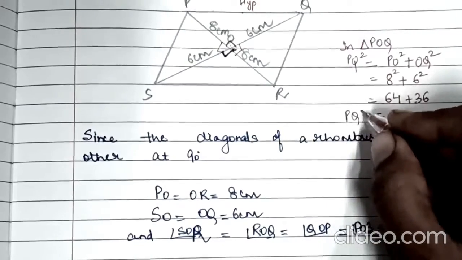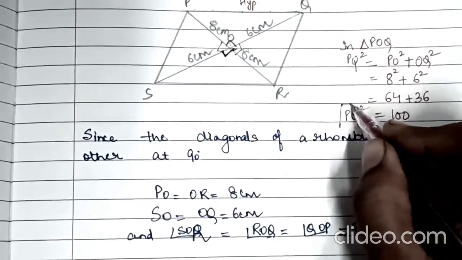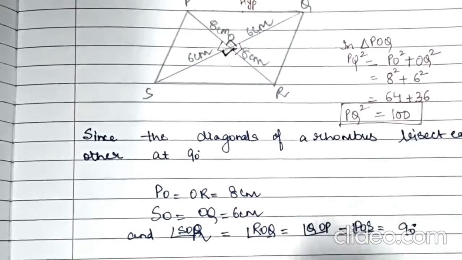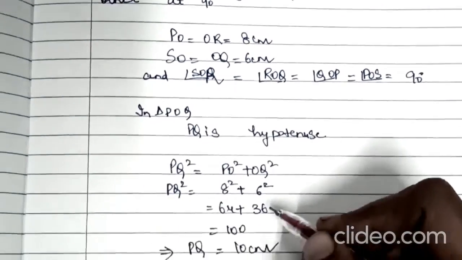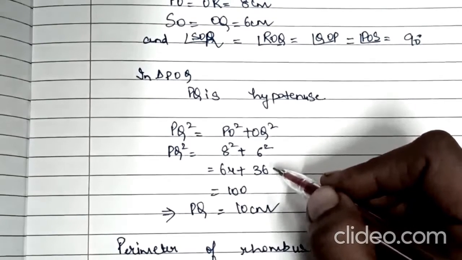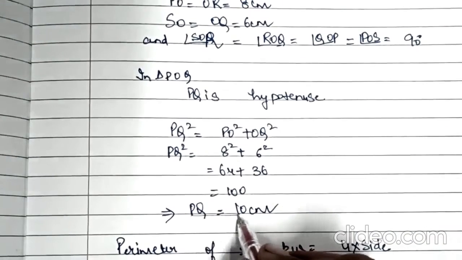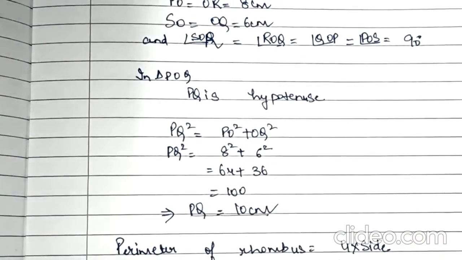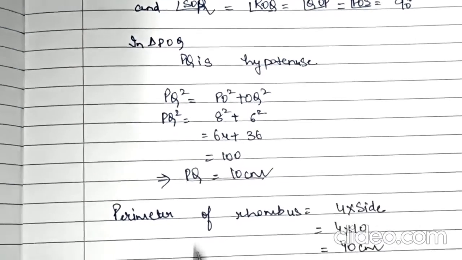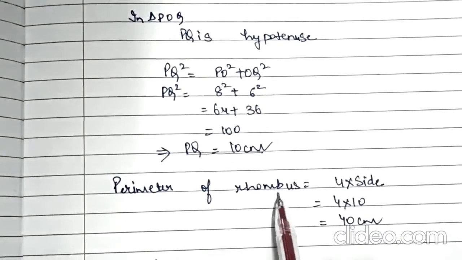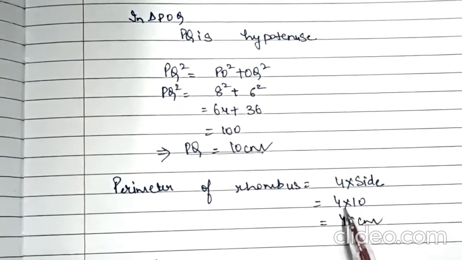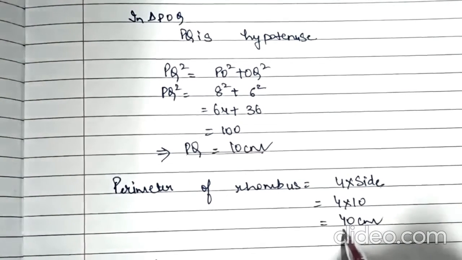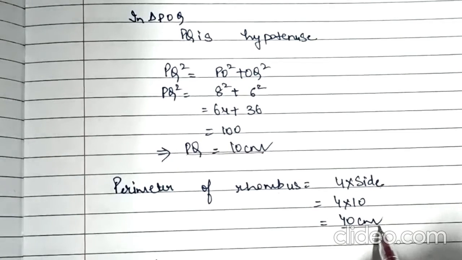So PQ square is equals to 100, means PQ will be 10 centimeter. So the side of the rhombus is 10 centimeter. Now the formula for the perimeter of rhombus is 4 into side. So 4 into 10 gives you 40 centimeter.